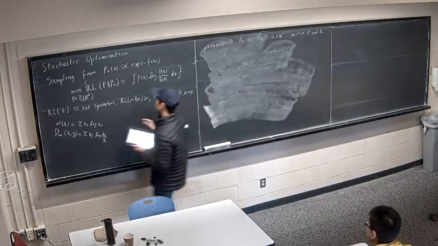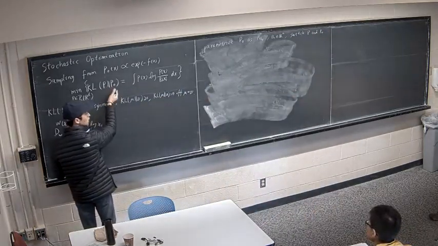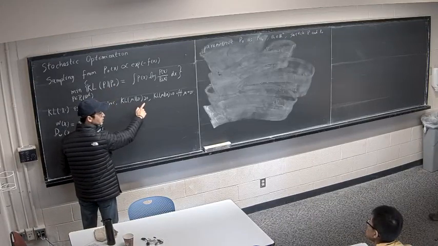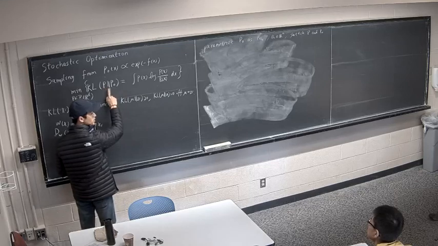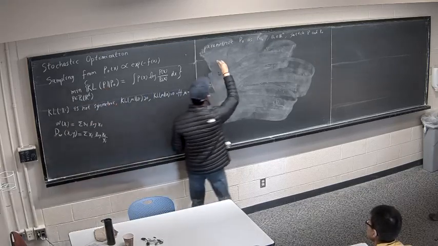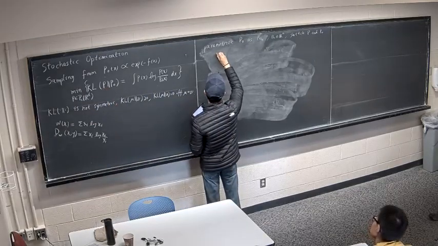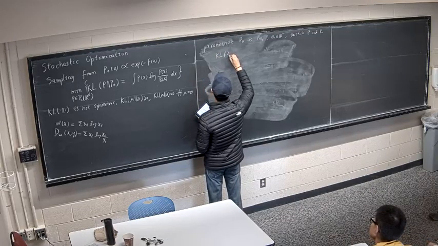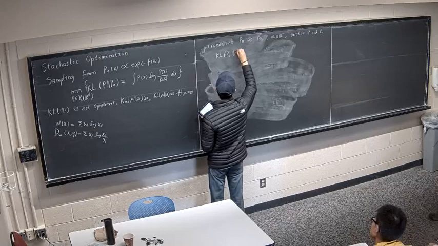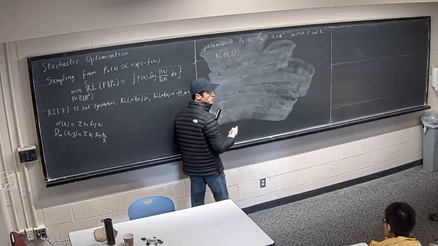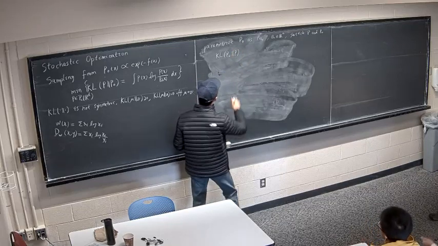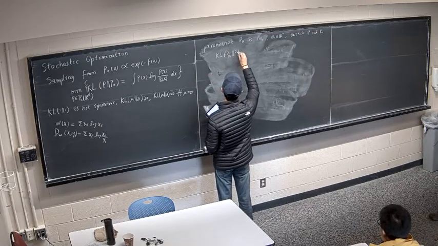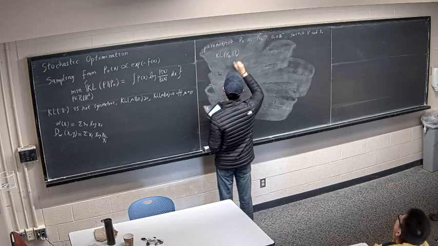So first switch P0 and P, right? Even if we switch them, it's still always non-negative and 0 when P becomes P0. Right, so we first switch them. Let's minimize KL of P0 given P. And then we parameterize both of them. So we parameterize P0 as P theta 0. We parameterize P as P theta.